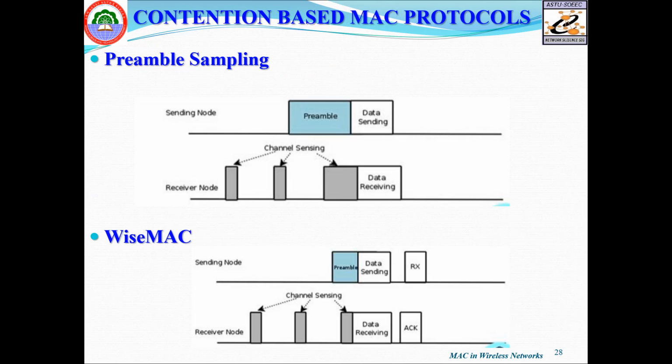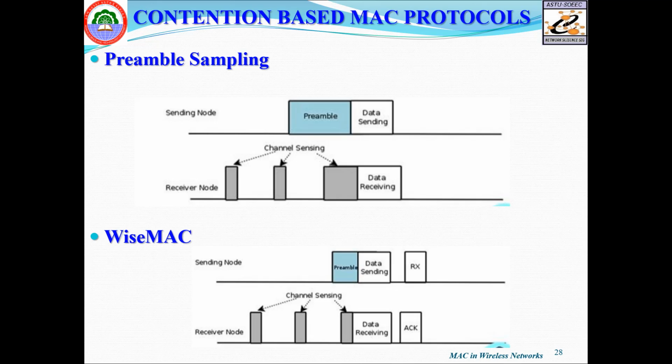In this, the first well-known contention based MAC protocols that have been designed for sensor networks are preamble sampling and WiseMAC. So these are the two protocols. In preamble sampling, there is a sending node and a receiving node, as we can observe from this first figure.